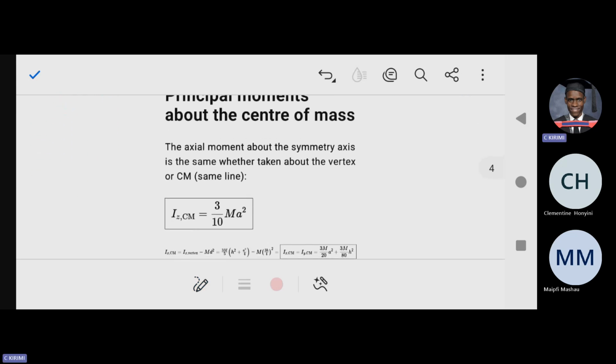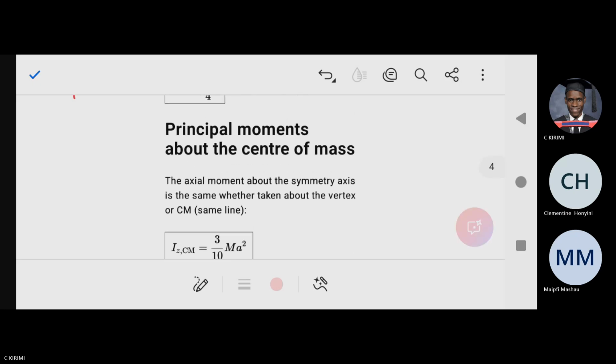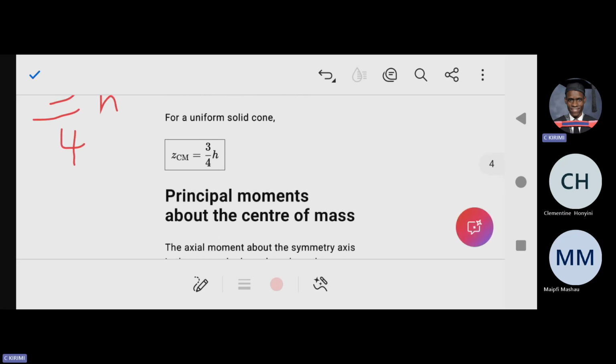All right. So now you want to calculate the moment of inertia along the center of mass. We are saying the Z center of mass of this cone is located, isn't it, this cone is in 3 dimensions?